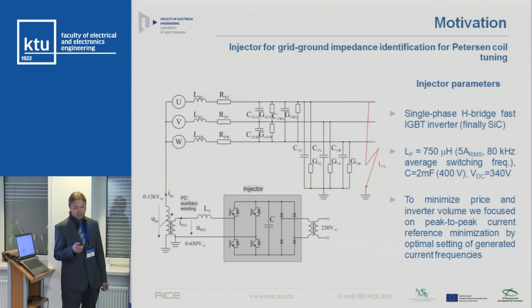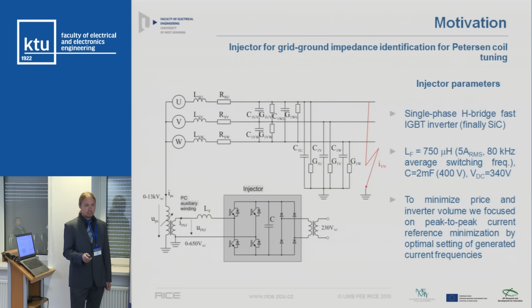So how does it look? This is a medium voltage network with the lower voltage side connected in star. The central point of the star is connected over a Petersen coil to the grounding, and we are connected with our injector in parallel to the auxiliary winding of the Petersen coil.